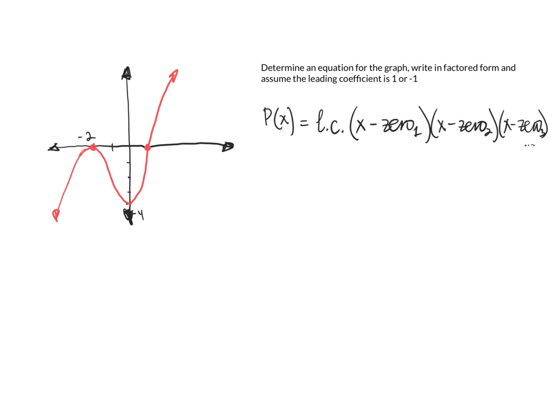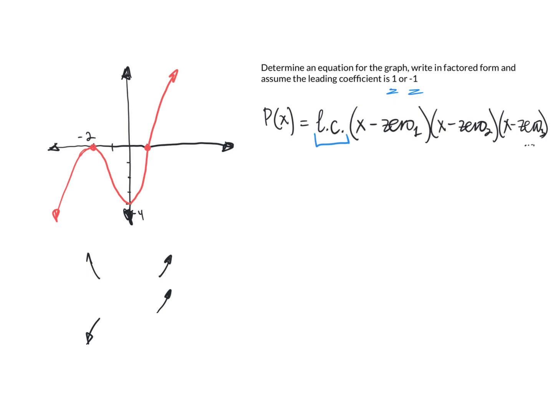Well, let's start with the leading coefficient. The problem does tell us that it's either 1 or -1, so we're going to be choosing between those two. And that depends on the end behavior of the function. The function will have a positive leading coefficient if on its ends it behaves like this, so going up and up, or if it goes down on the left but up on the right.